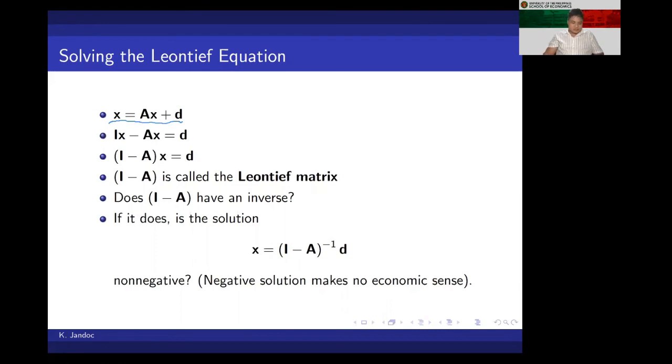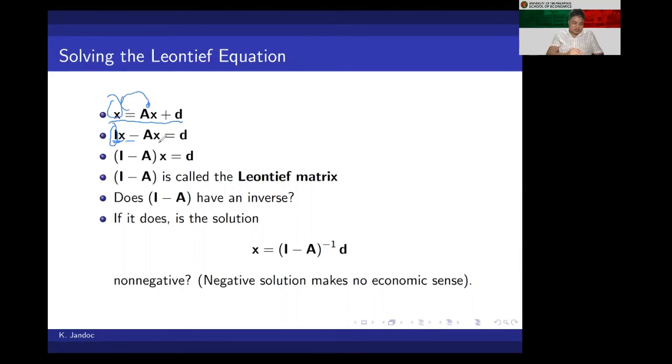Okay. So here in the second bullet point, this is just the fact that we added I, the identity matrix, because anything multiplied by the identity matrix is the matrix itself. In this case, if you pre-multiply I by the vector x, you'll obtain x. Okay, you'll recover x. And then what we did was to transfer Ax to the left-hand side.